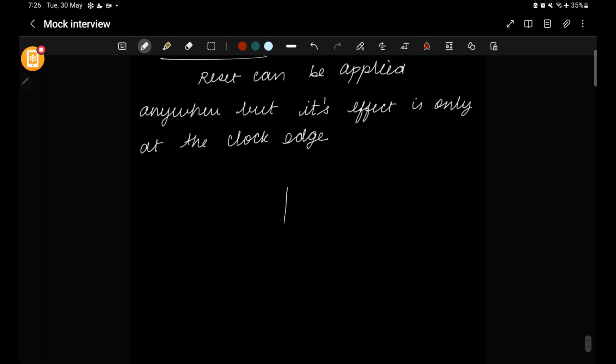So the structure of a synchronous reset flop will be like this. This is the clock, this is the D input, and here you have reset. This is how the structure of a synchronous reset flop will be.